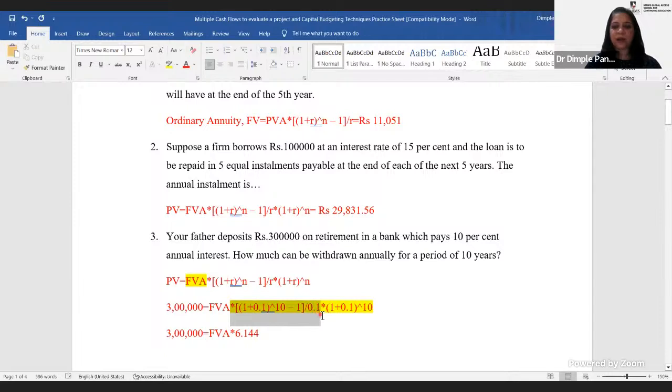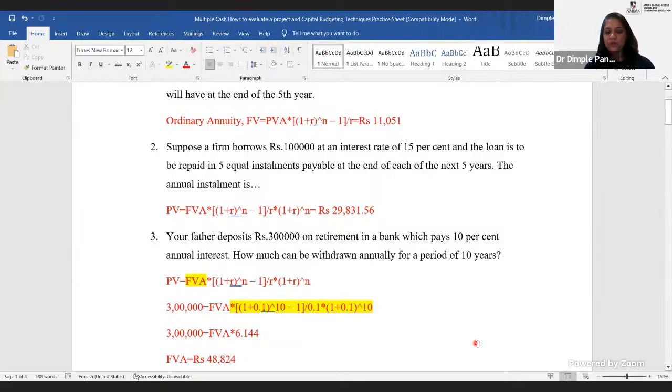You will solve this part first, and then get it. Yes, so the equal amount that father can withdraw in the future is going to be equal to 48,824 rupees.